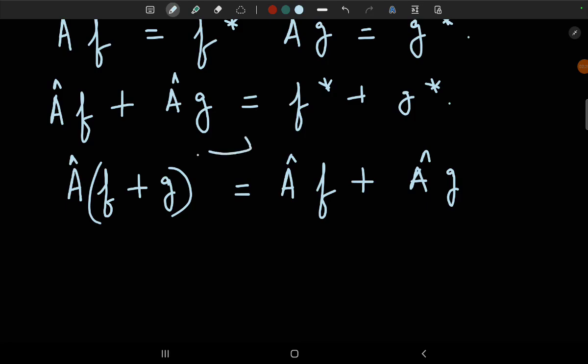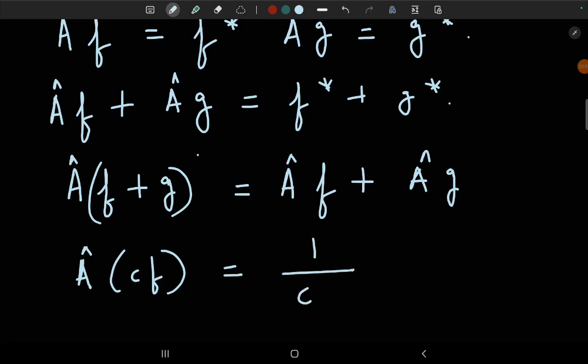The second condition, on the other hand, is a little complex. It is the important part to grasp. So what if we take a function cf, and act on it with A? This is actually (cf) whole star.